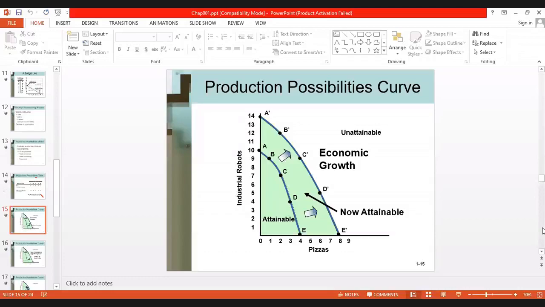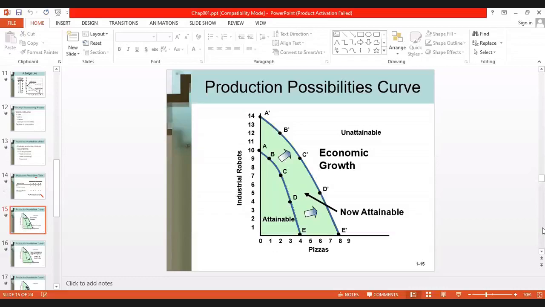Some resources are more suitable for pizza production. Some resources are not much suitable for pizza production; those are more suitable for robo production.